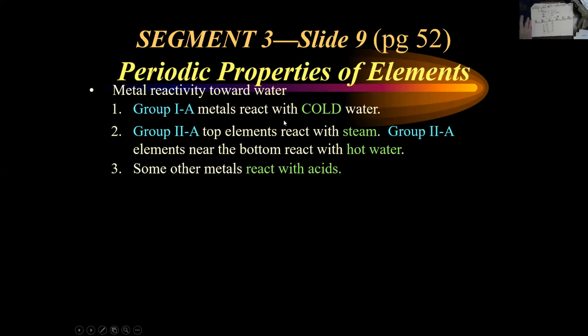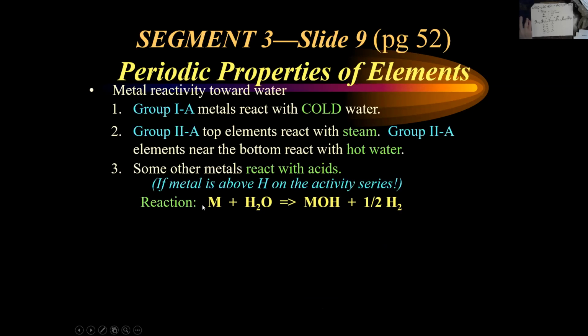But if I go to group 2, the top ones will only react with steam. None of them react very well with cold water, but the ones near the bottom react with hot water. If I go to other elements, some of them react with acids and release hydrogen, others don't. And so you have to build an activity series.